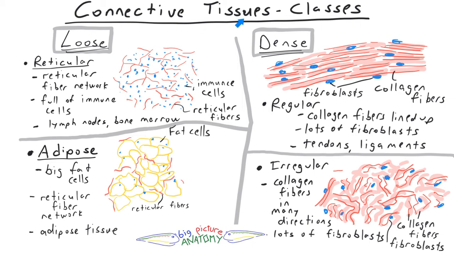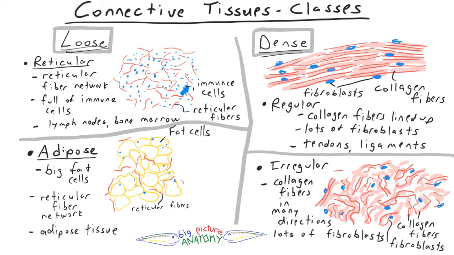Now let's take a look at the classes of connective tissues. These are now more specialized kinds of connective tissues. We can divide these into two groups: loose connective tissues and dense connective tissues. Within the loose connective tissues, there are two main types: reticular connective tissues, named after the reticular fiber network that dominates the connective tissue, these very thin reticular fibers that form a network.